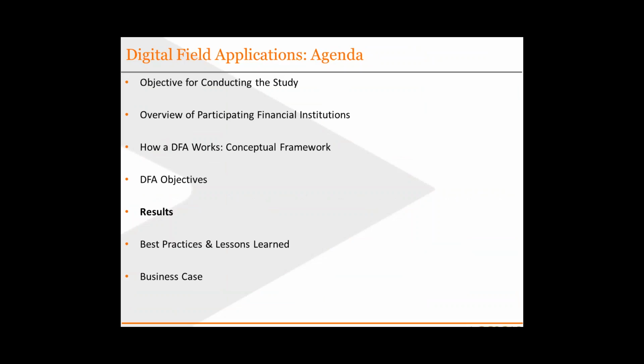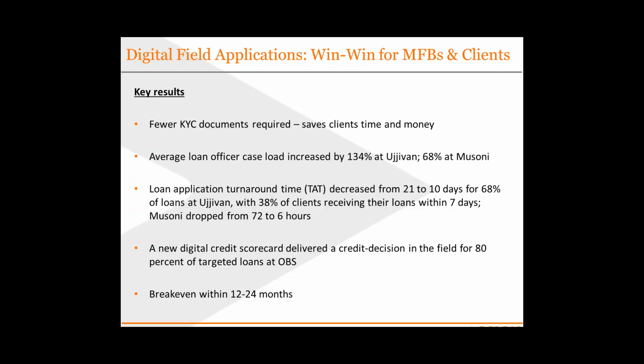So in this next section, I'll highlight a few key results and then talk about the benefits that accrued to clients as well as the institutions. For the institutions, benefits can be divided into cost savings, efficiency gains, and the knock-on positive benefits. So I'll go through each of those in turn.